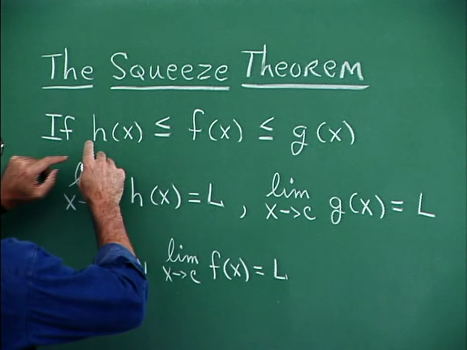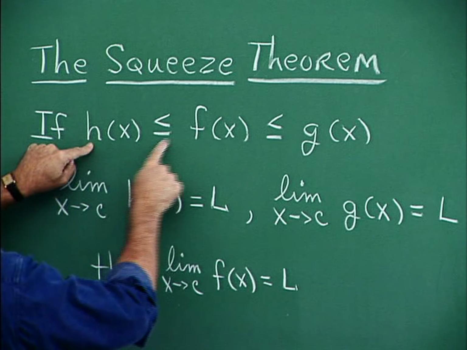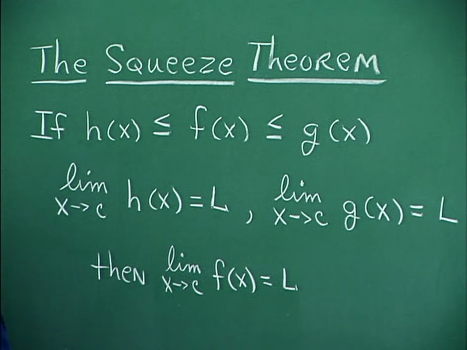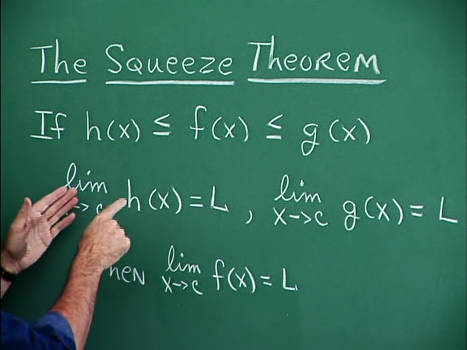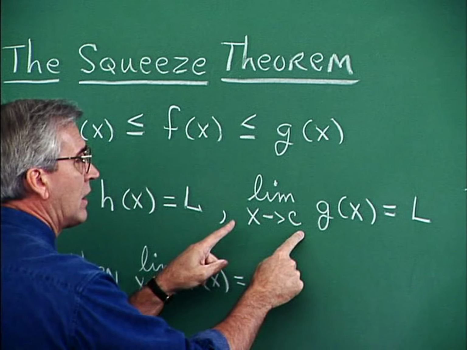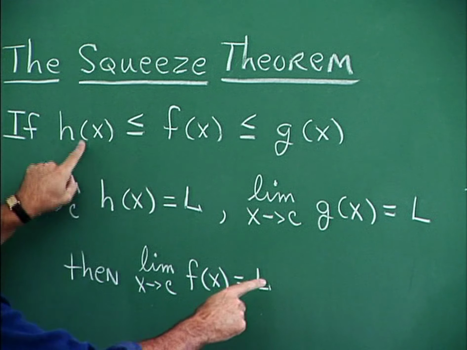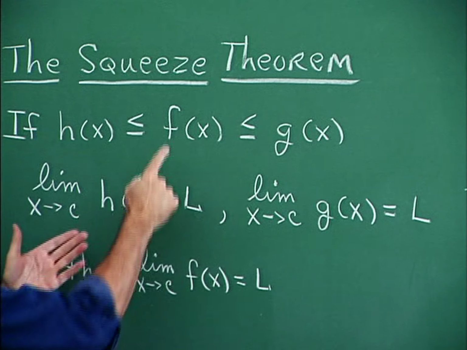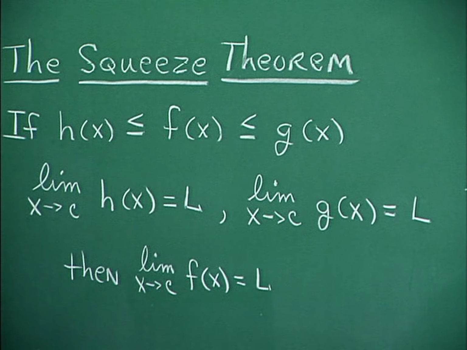It goes like this: if we have a few functions whose behavior is like this, that h of x is less than or equal to f of x, and f of x is less than or equal to g of x for all x values in the domain of these functions, and if the limit as x approaches some target of the h function is L, and also the limit as x approaches the same target of the g function is L, we're approaching the same target, and the limit for that function is the same as the limit for this function, then that limit must be the same for the function that's squeezed in the middle. So the limit as x approaches c of f of x has got to be L.